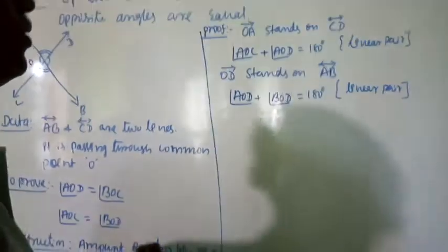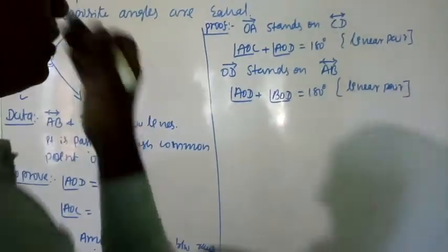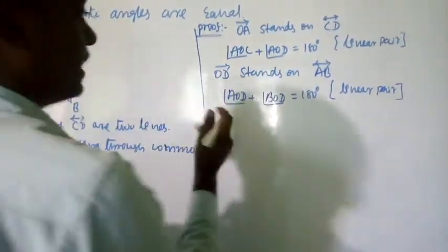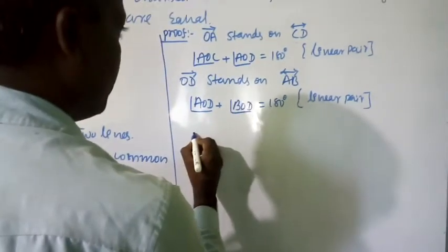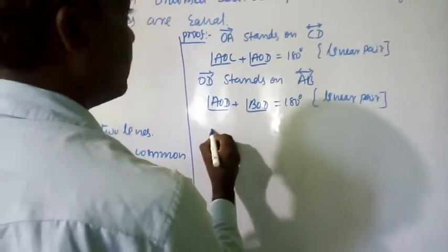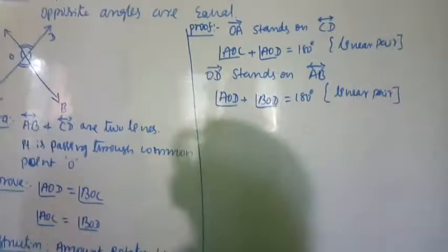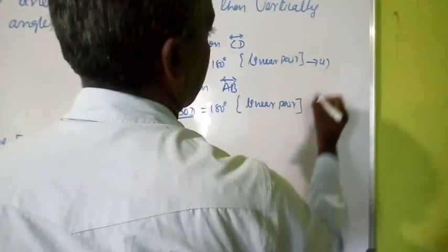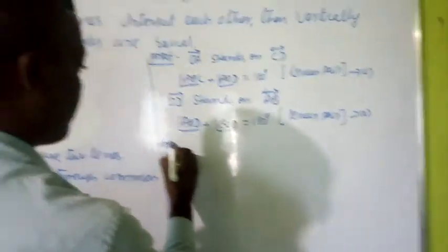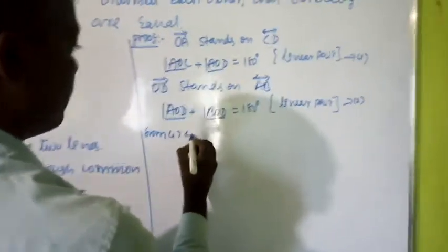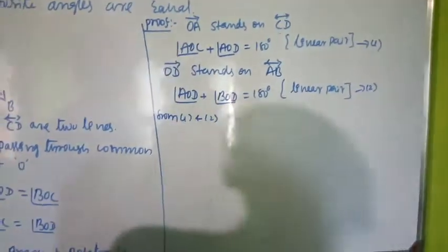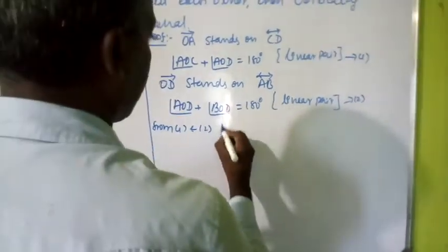Okay. So here you should rewrite this angle AOD. This is equation number 1, and this is your equation number 2. So from 1 and 2, their RHS are equal.